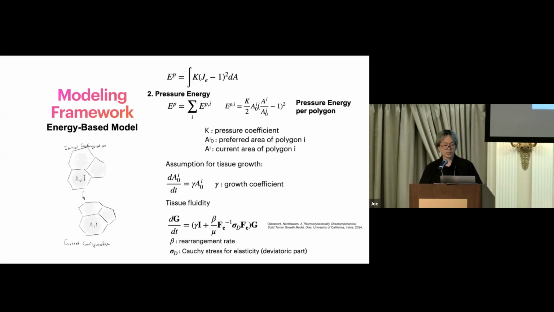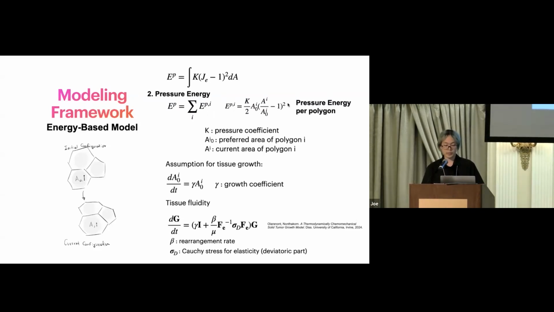And then the next energy that I want to talk about is called the pressure energy. This one is different from the previous one. This one acts on each polygon, or cell. And again, the total pressure energy is the sum of the energy from each polygon.